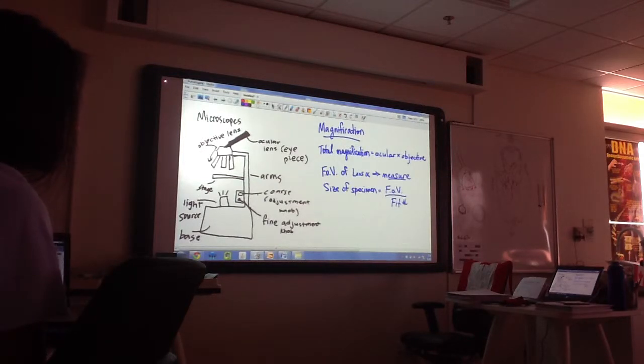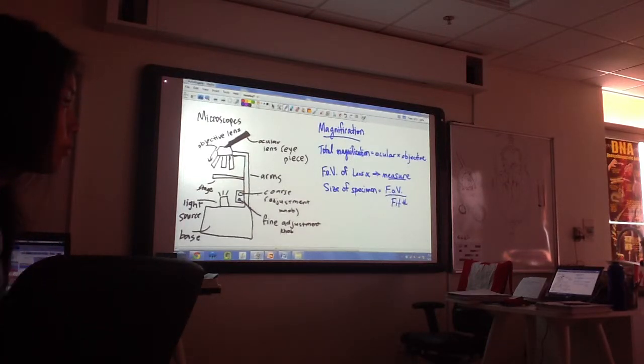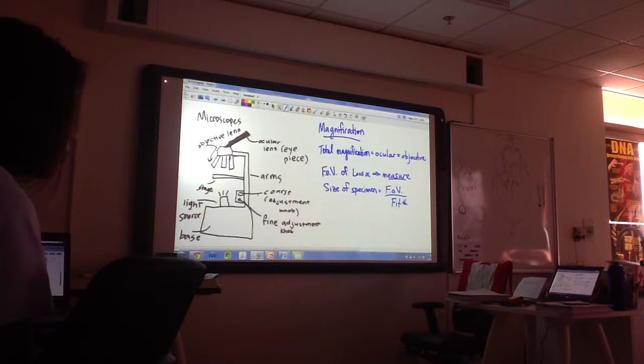How do we go through the process now? If we know the field of view at the low power on our microscope, but the low power is actually too small for us to look at, it's not magnified enough to see whatever we're looking at, so we increase to a higher power lens. How can we now figure out what our new field of view is?